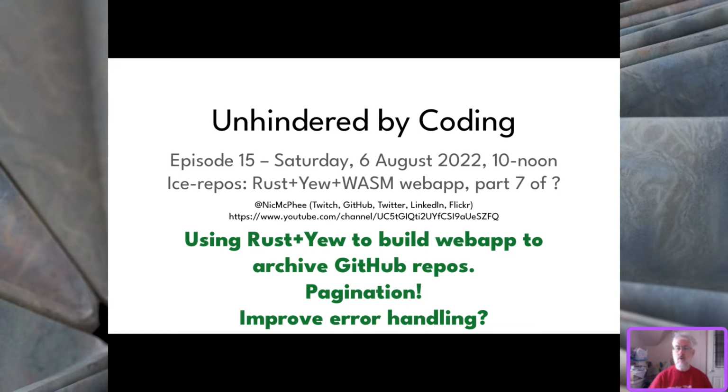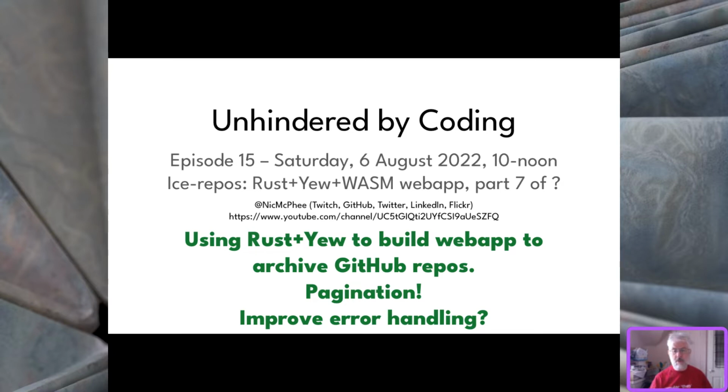I want to archive those in a batch way because doing them one at a time through the GitHub interface is really slow. I'm using this as an excuse to scratch my I-want-to-learn-more-Rust itch.